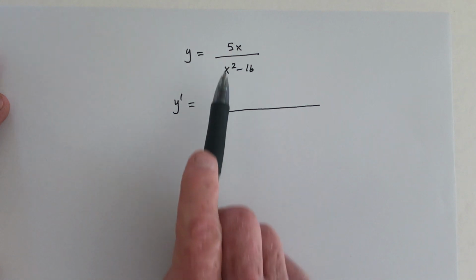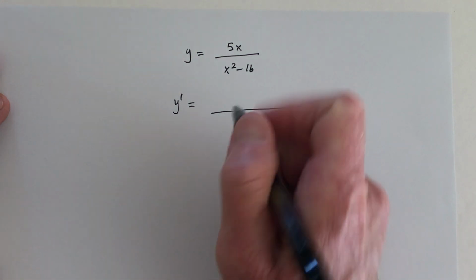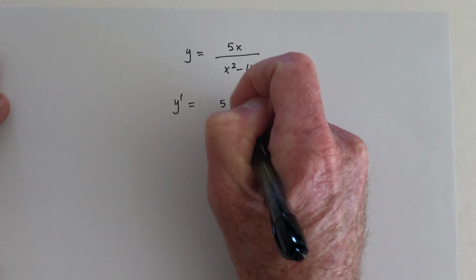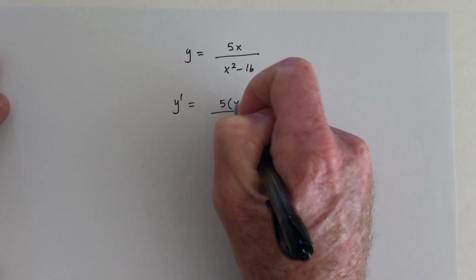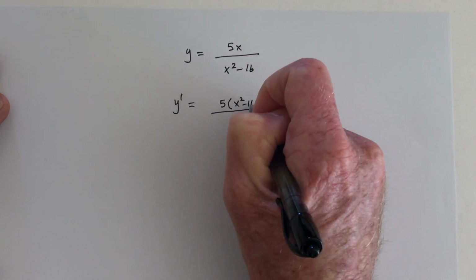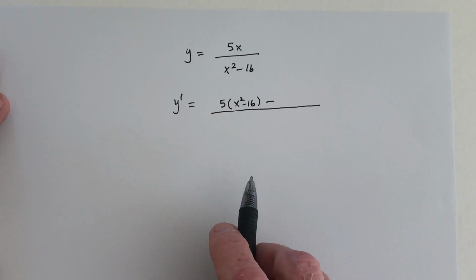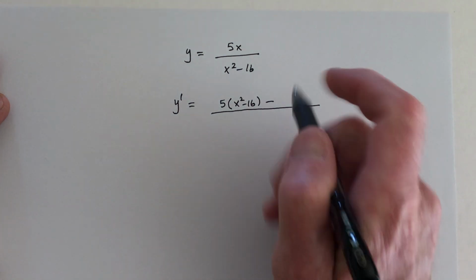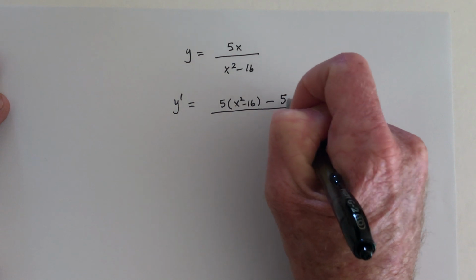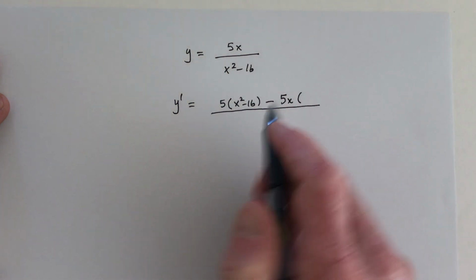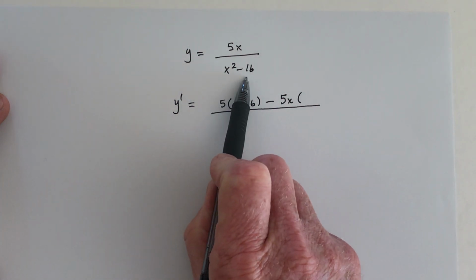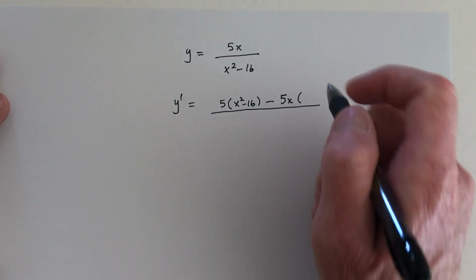And the quotient rule starts on the top. You take the derivative of 5x, which is just 5, and then just copy down the x squared minus 16 part. The next part of the quotient rule goes minus. Now just write down the 5x, and then take the derivative of this, which is going to just be 2x.